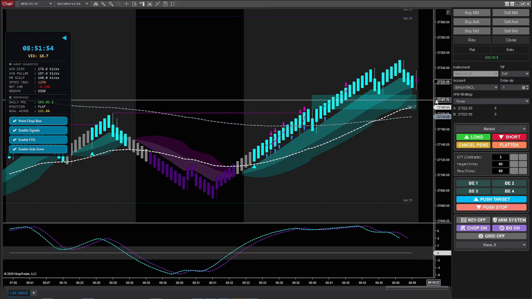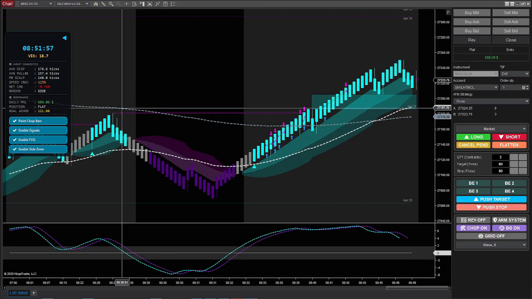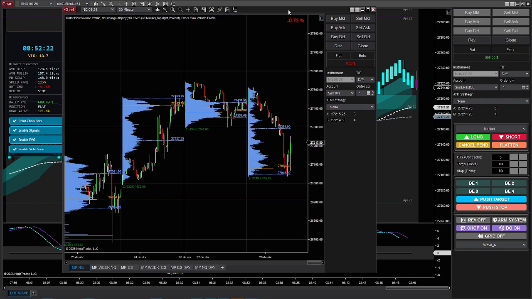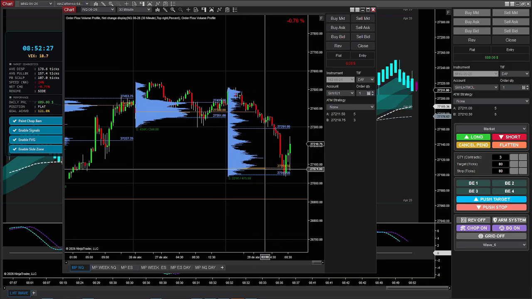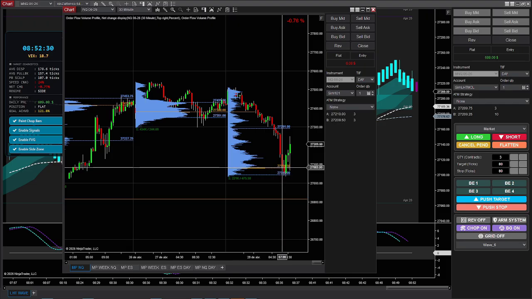The market stalled a bit here in this zone. Let's analyze the volume profile. We have the point of control zone down here, which provides a sort of support for the day. Let's see if it doesn't actually come to retest this and look for the point of control from the 23rd.